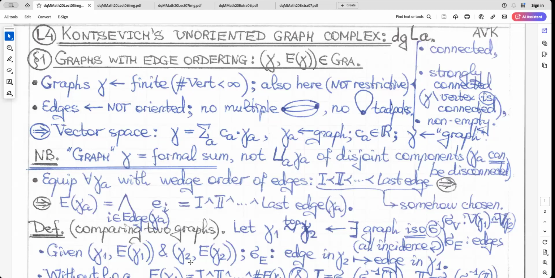But it worked much later in a completely different domain, in a completely different world of deformations of Poisson brackets, of Poisson structures. So today we have 45 minutes and 45 minutes. In the first 45 minutes, we discuss the algebra of graphs. And in the second part, we discuss the Lie algebra of graphs, the differential graded Lie algebra of graphs, homology and the usefulness of graph homology for mathematical physics.